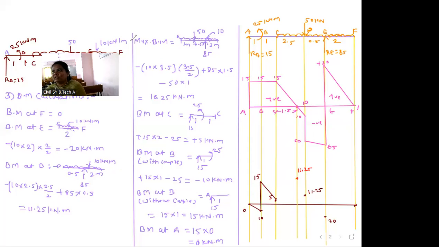We are starting the moment from this side, right? Now the curve, because we calculated the moment from this side, your answer is correct.